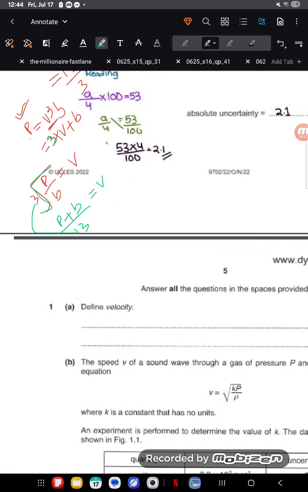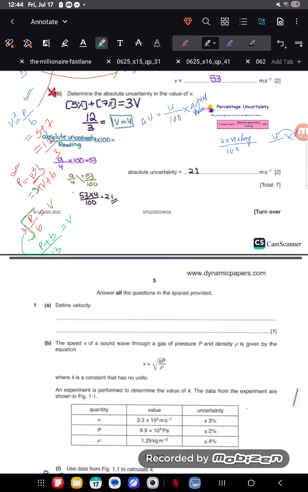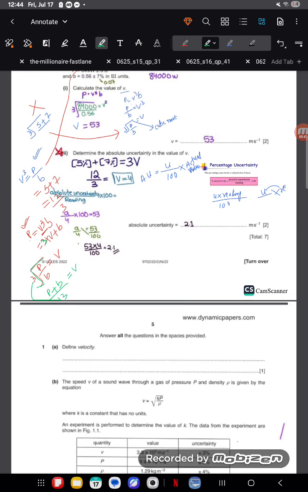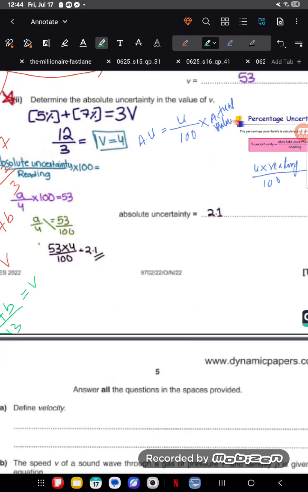Okay, this is for uncertainty. Okay, absolute uncertainty or whatever you say. Now use the formula, and now you got the uncertainty.